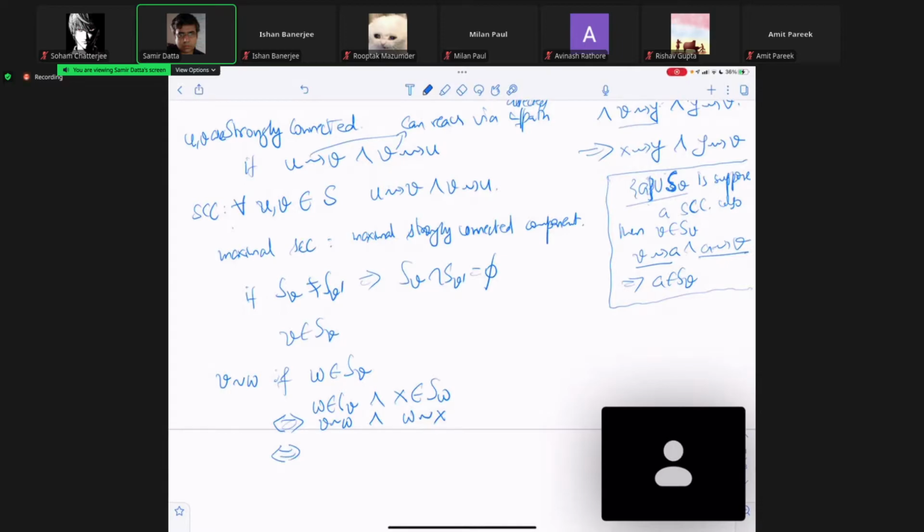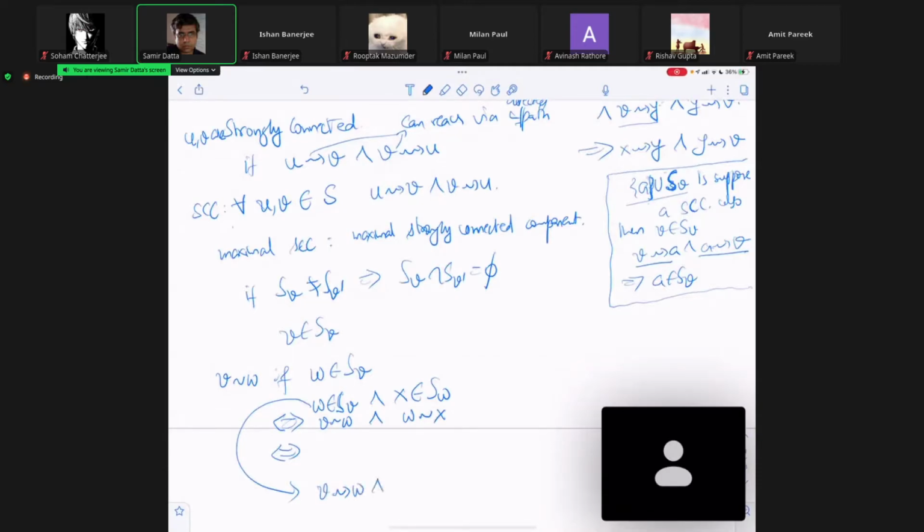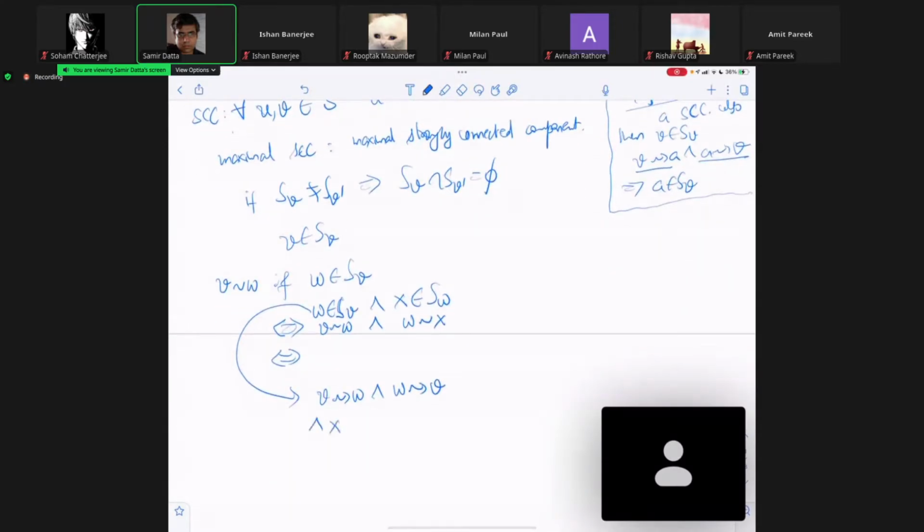What does this mean? I'm writing in the wrong order, but this one means that there is a path from V to W and from W to V, and this means that there is a path from X to W and W to X, and now again there's V to X and X to V. Correct?